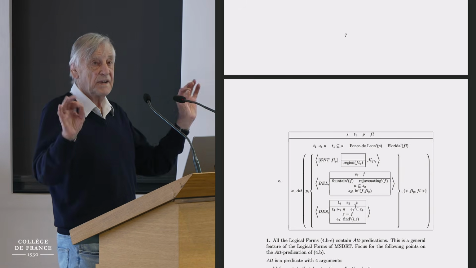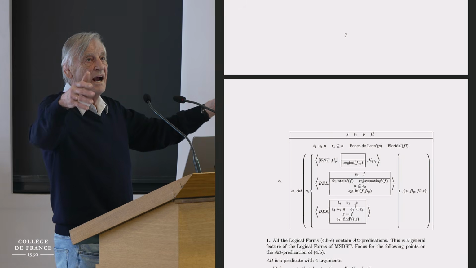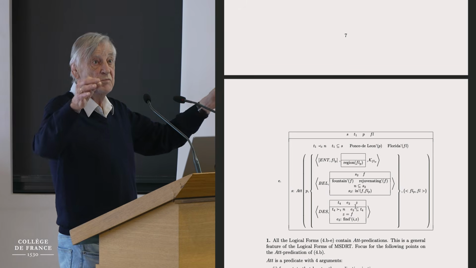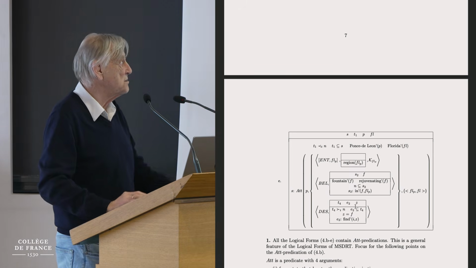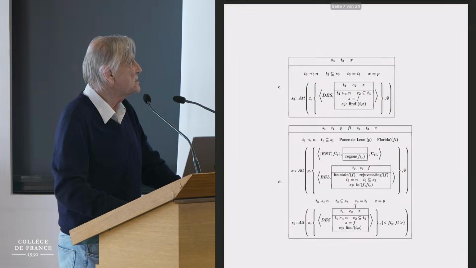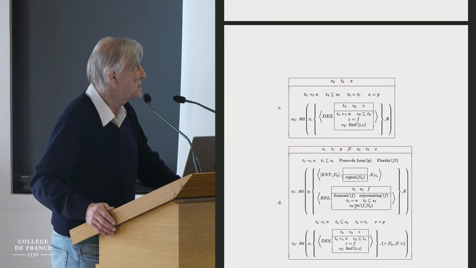That has to do with the fact that in this particular case, the desire and the belief are attributed to the same attributee, Ponce de Leon, and also at the same time. So that's something in which this process of discourse representation from MSDRT also differs.